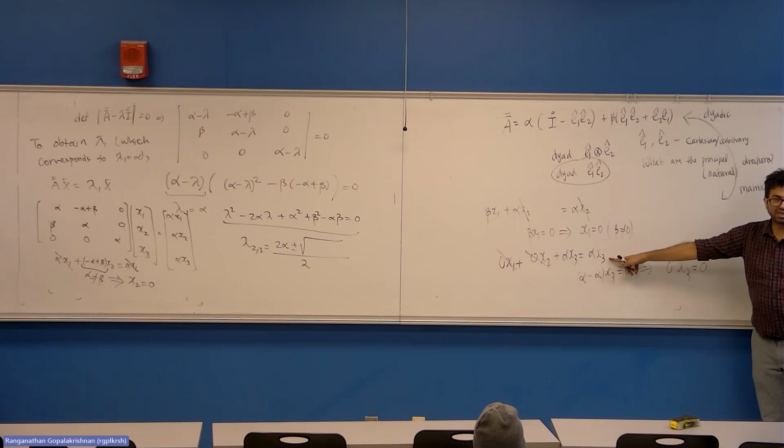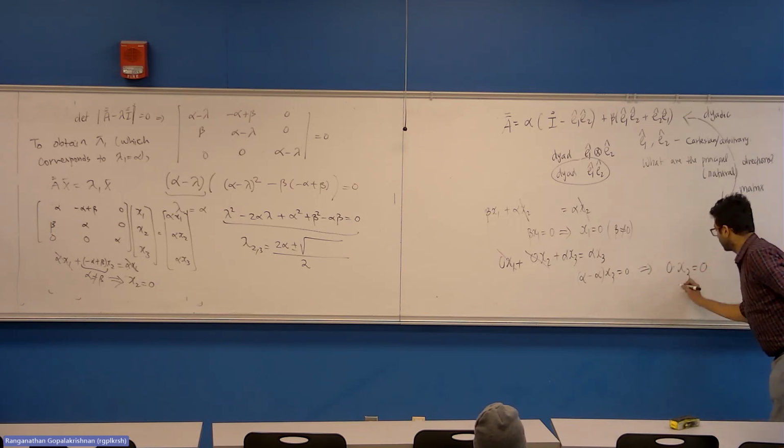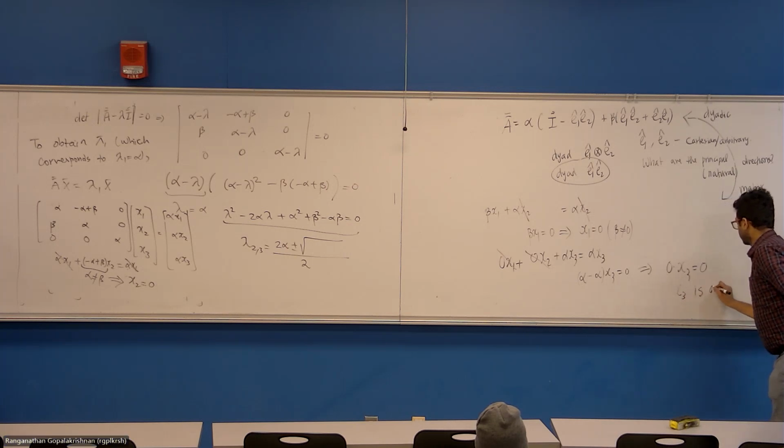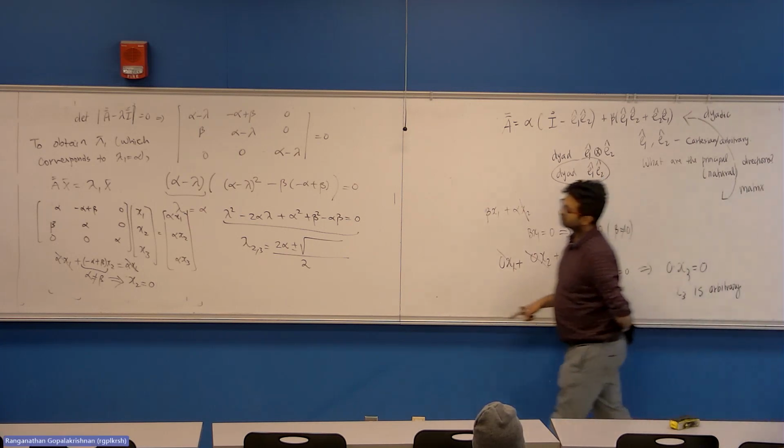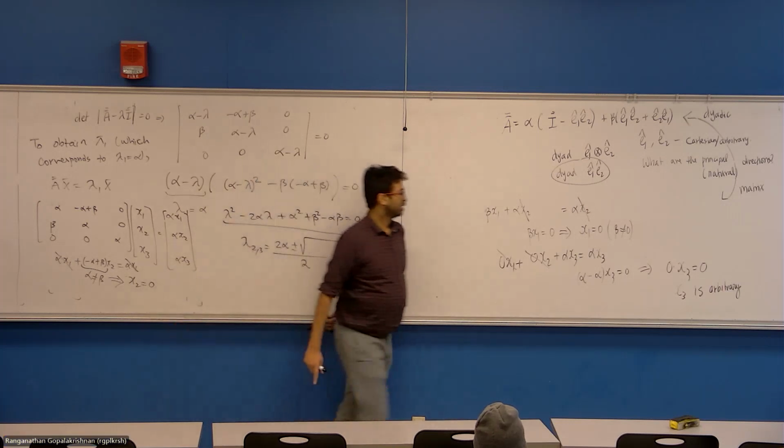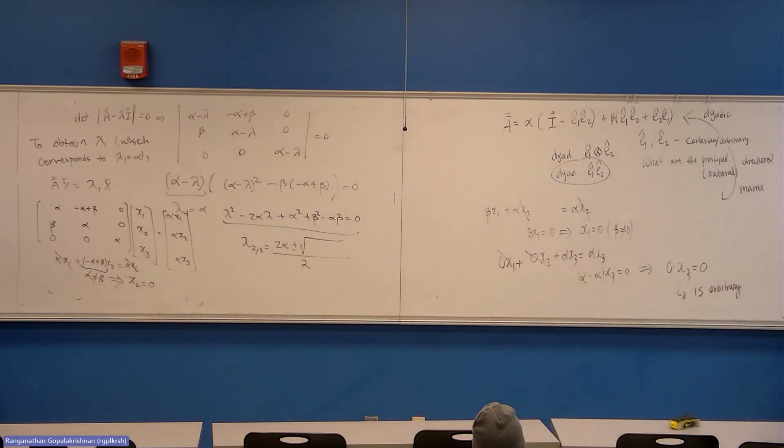This relationship will be satisfied immaterial of what that value is. So the conclusion here is x3 is arbitrary. So x1 is 0, x2 is 0, x3 is arbitrary, which means gamma 1 is basically 0, 0, 1. Because it's arbitrary, you can write it C and then you have to divide by the magnitude, which will again leave you with 1.